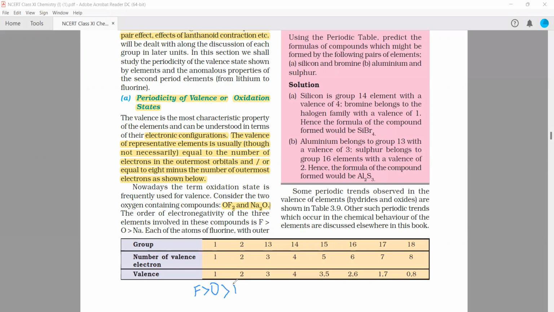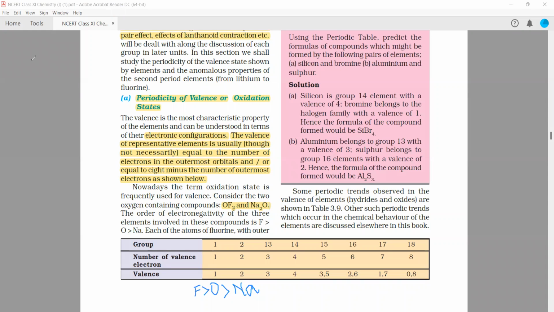Sodium is the least electronegative. Actually, I would say that it is electropositive in nature, because it doesn't have the tendency to accept electrons. It has the tendency to give electrons because it is a metal. Metals are electropositive. So this is the electronegativity pattern of the elements involved in this question.